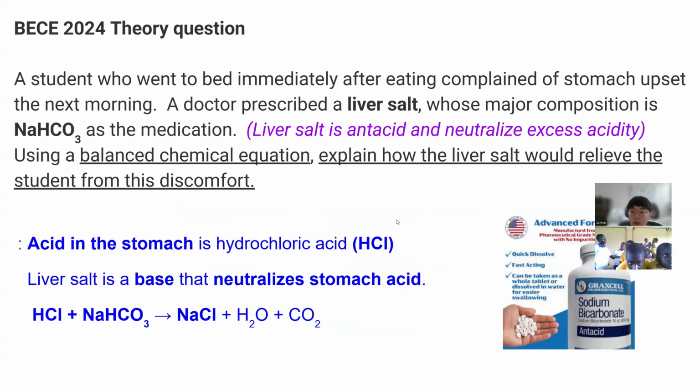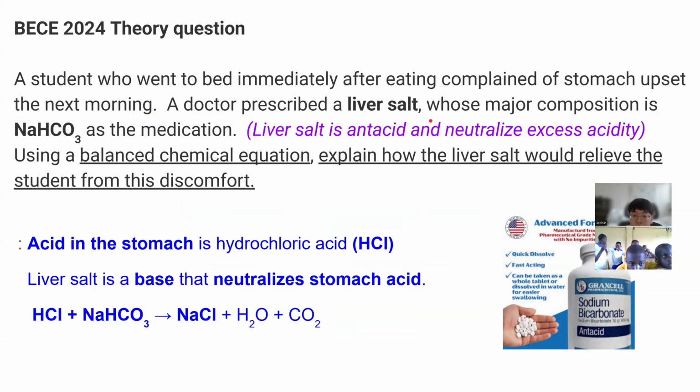Okay, so this question was a theory question that involved a neutralization reaction. So let's read this together. A student who went to bed immediately after eating complained of stomach upset the next morning.